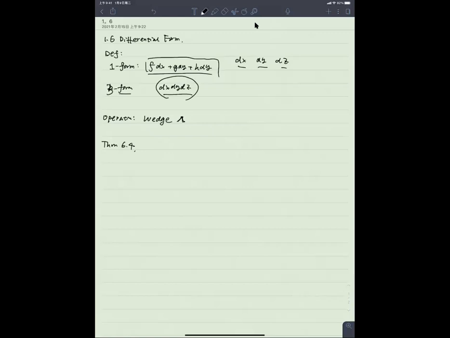And there are some rules. The first rule is exactly the same thing that we have done in the last section. So I will omit the proof of the first one. And I want to talk about the next one and the third one.